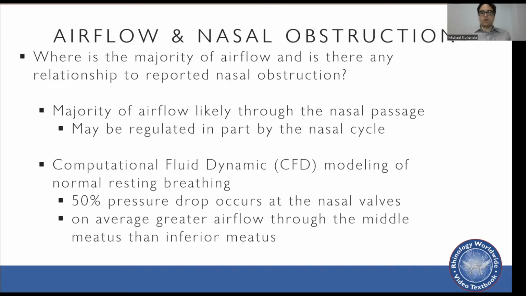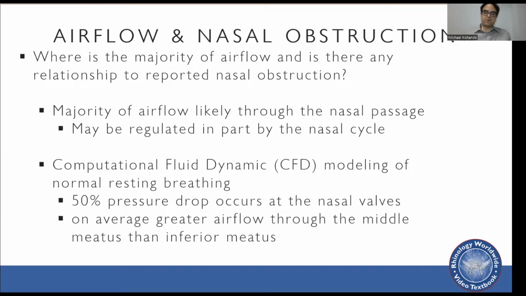So what is the relationship between airflow in the nose and the sensation of nasal obstruction? And part of that question is, where is the majority of the airflow in the sinonasal passages? The majority of the airflow is likely through the nasal passage, and the amount of airflow is going to be regulated in part by the nasal cycle, which is the normal asymmetric swelling and shrinking of the inferior turbinates, where one side will swell up while the contralateral side will shrink down.